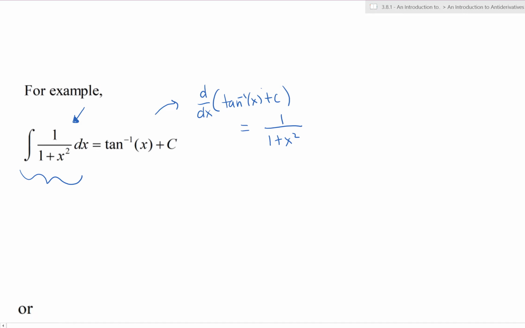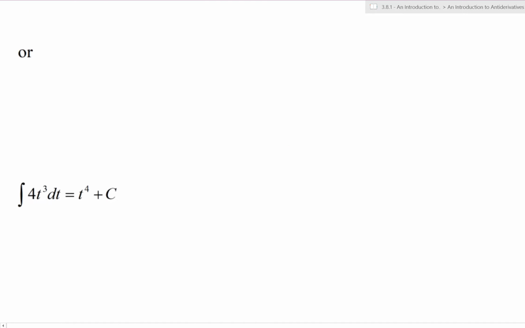Or another example, for instance, the indefinite integral of 4t cubed dt is just t to the fourth plus c. Right here, the indefinite integral on the left of 4t cubed dt is t to the fourth plus c.